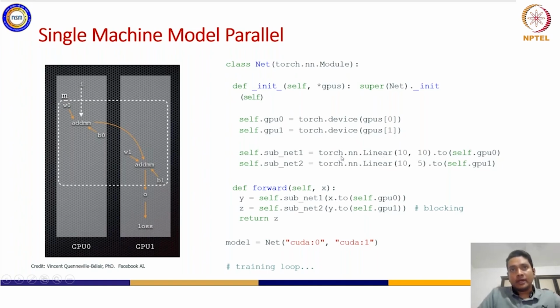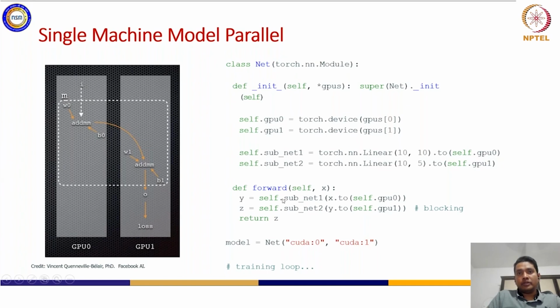So let's say subnet 1 and subnet 2 are the two sequences in your training module, and let's say they are simply fully connected layers. Okay, for simplicity, we are taking fully connected layers. Now, which layer will go to which device, that we have defined. So basically, you have defined GPU 0 and 1, and you have made these sequences available to those GPUs because you want to parallelize the model execution across GPUs.